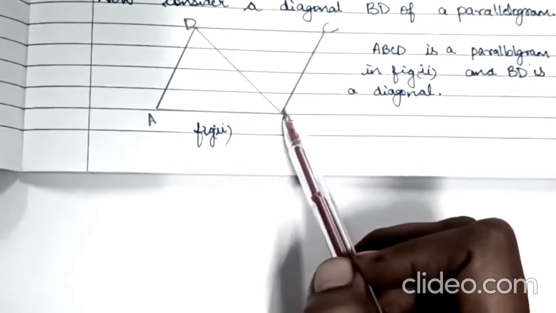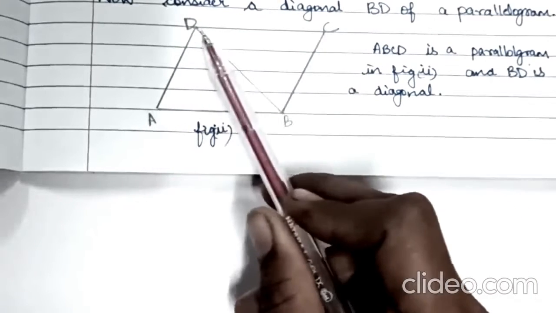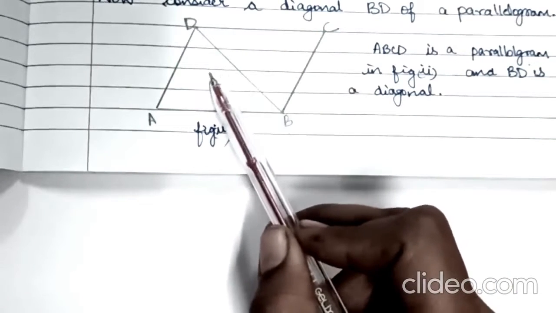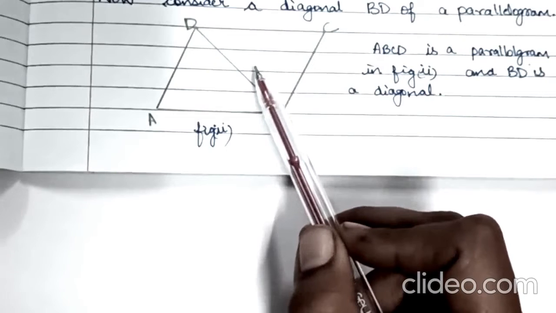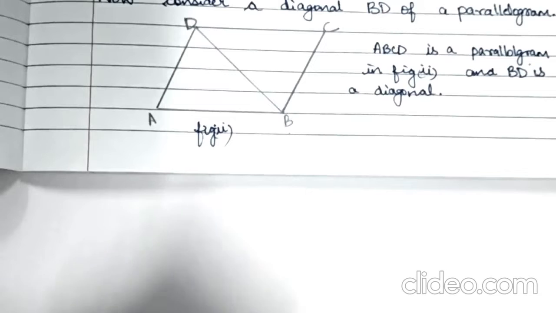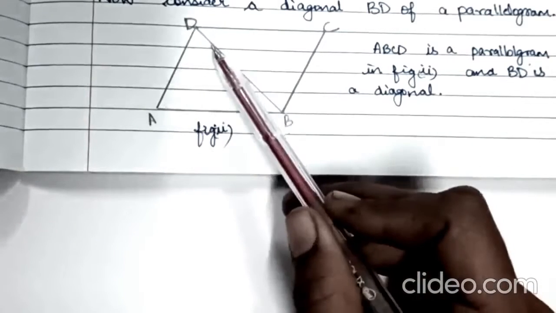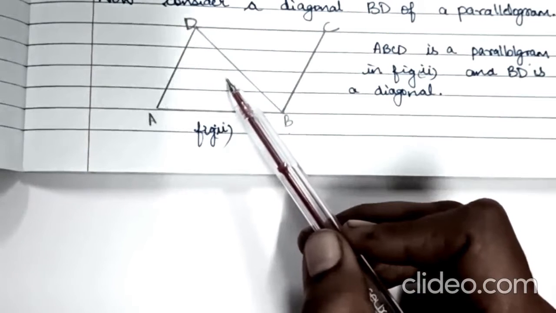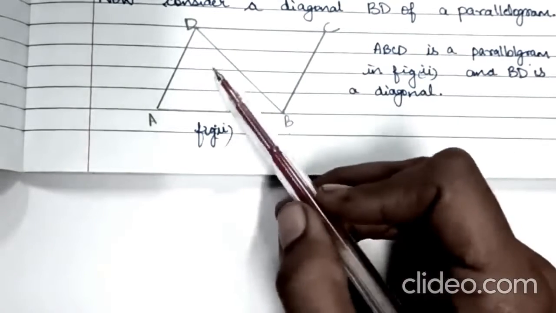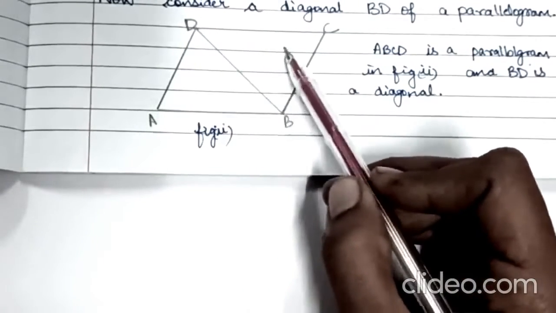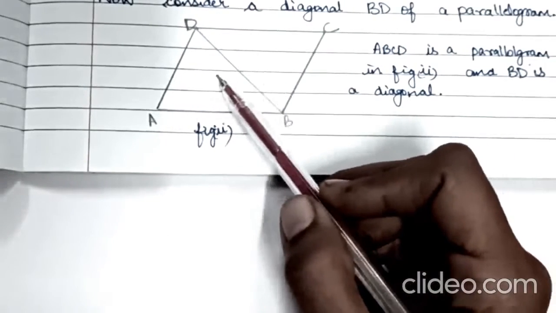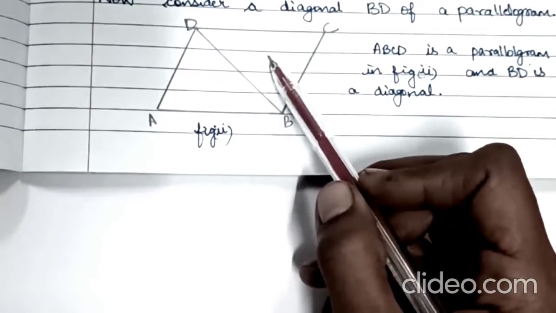So a diagonal of a parallelogram divides it into two triangles, and these two triangles are always congruent to each other. Congruent figures are those which have the same shape and same size. So if these two triangles are congruent, they will have the same area.